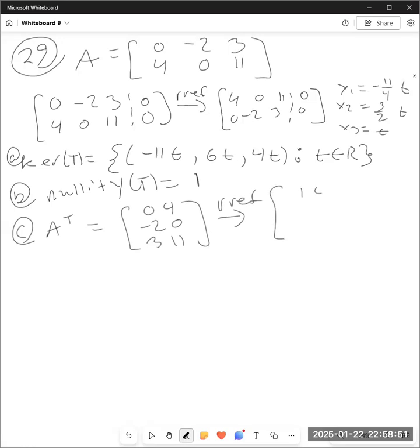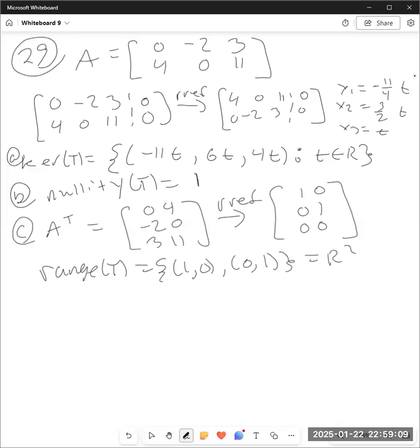That's going to get me 1, 0, 0, 1, 0, 0, giving me a range of T of (1, 0), (0, 1), which is R2, and my rank of T is equal to 2. 1 plus 2 is 3, which is the number of columns in A. So that makes sense.